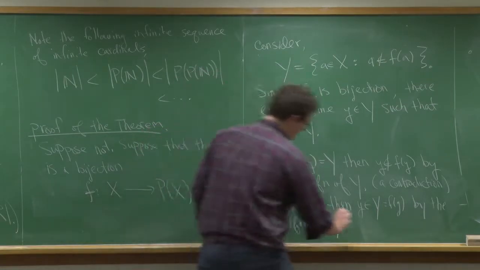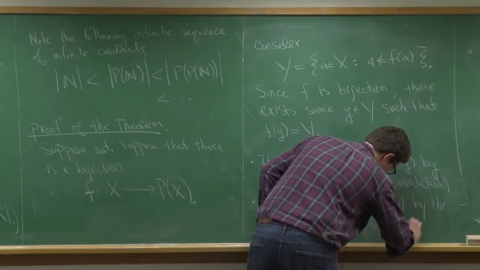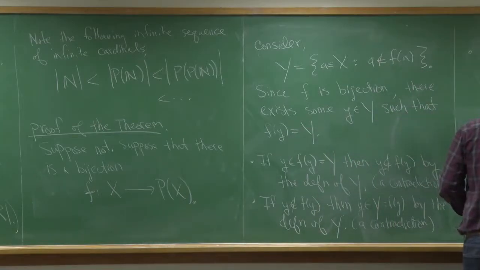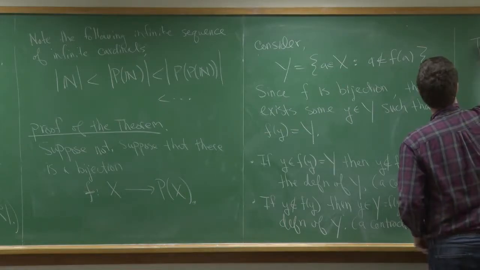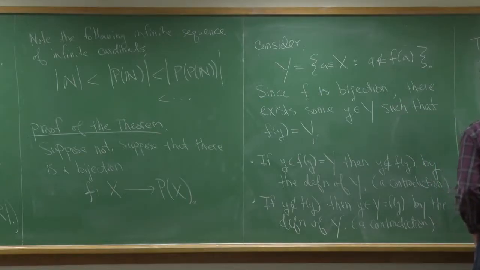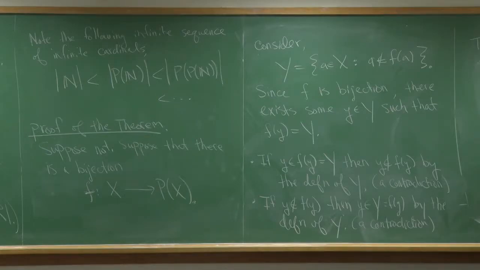So this is also a contradiction. So we can't have either, right? So this is nonsense. So y can't be in this Y, and it can't be in the complement of Y. So it's not a thing.